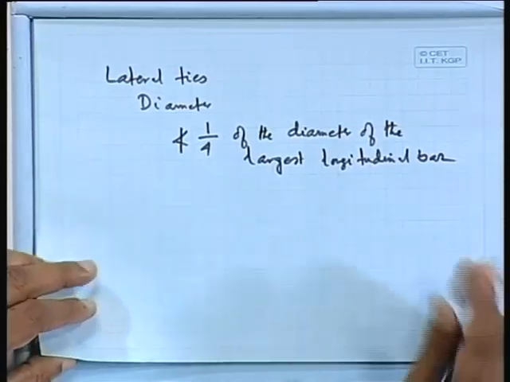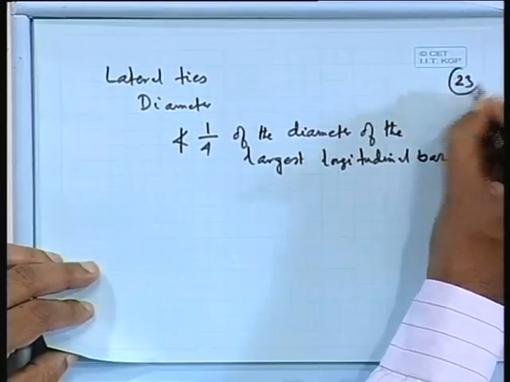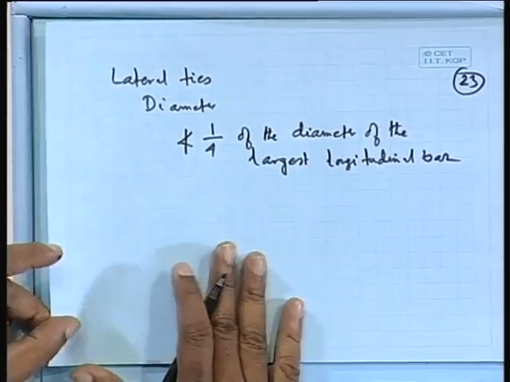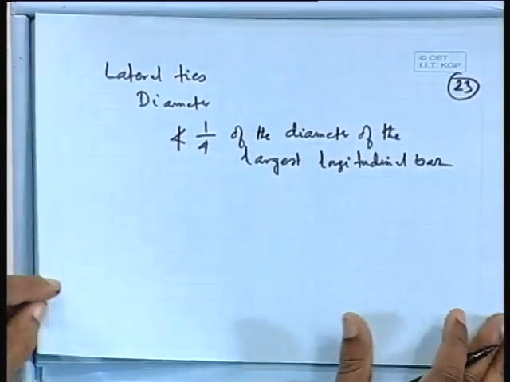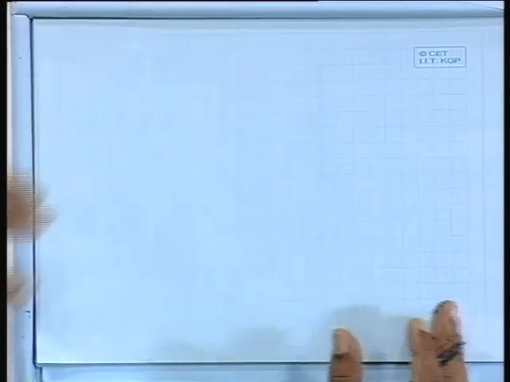So with this we now know the restriction, and with this we have to design your compression member.